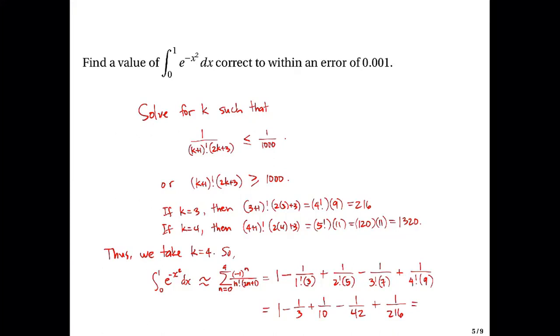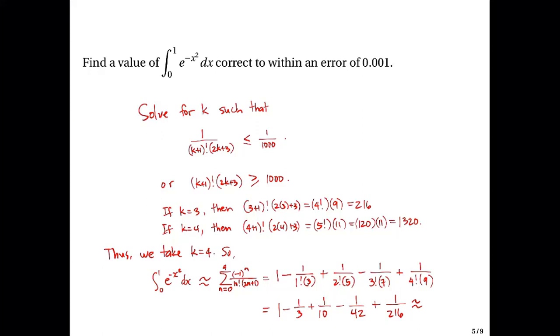And this is approximately equal to, try to use any calculator, 1 minus 1 over 3 plus 1 over 10 minus 1 over 42 plus 1 over 216.